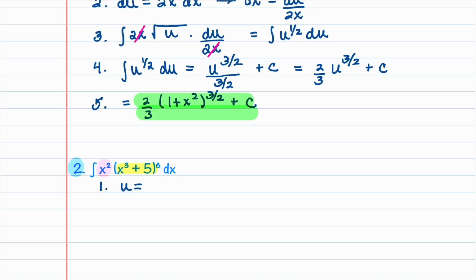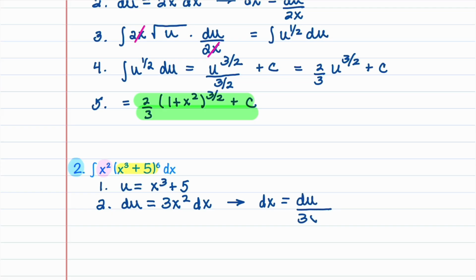U is equal to x cubed plus 5. And then our second step is to calculate du and solve for dx. Du is 3x squared dx. And this means that dx is equal to du all divided by 3x squared.